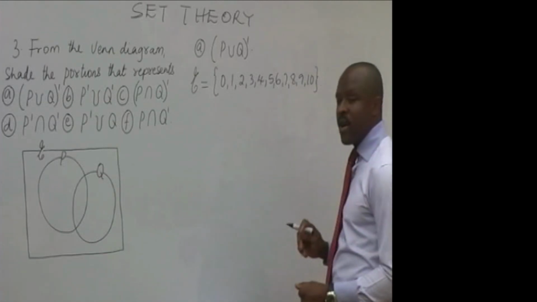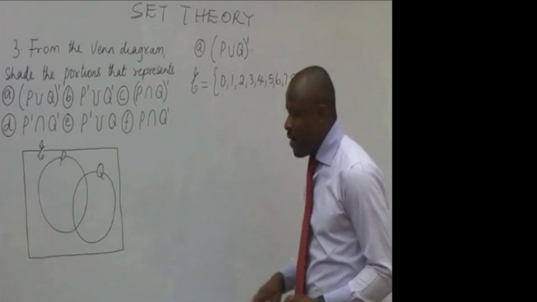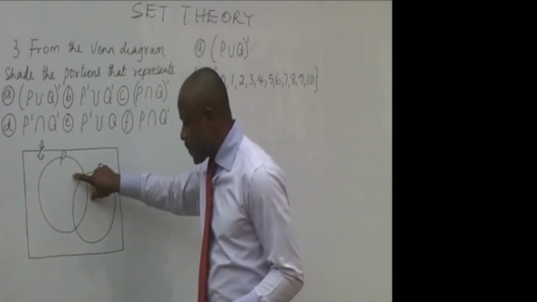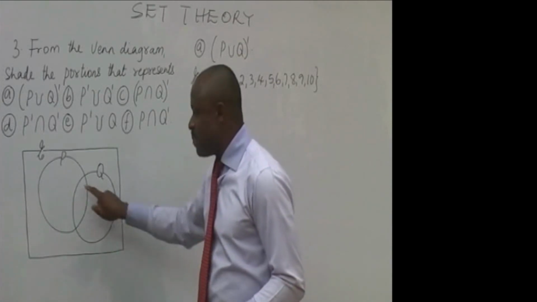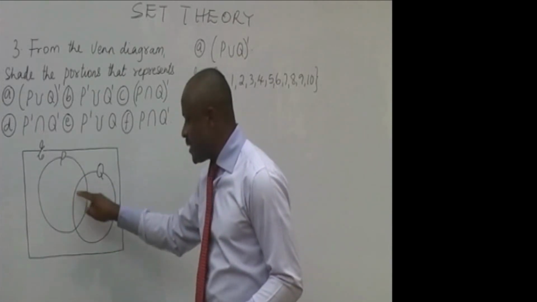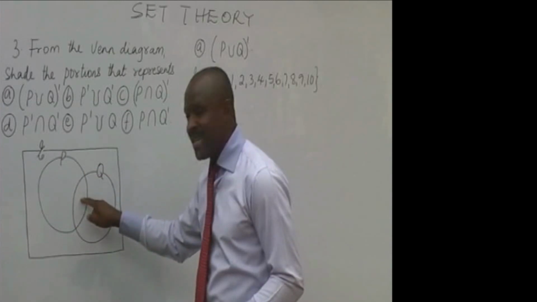This is very, very important. Now, if you look at the universal set, there is P, there is Q, and there is P intersection Q. This area is called P intersection Q.